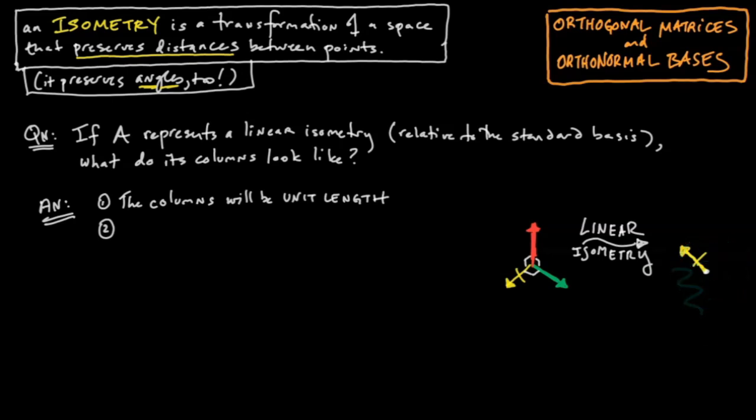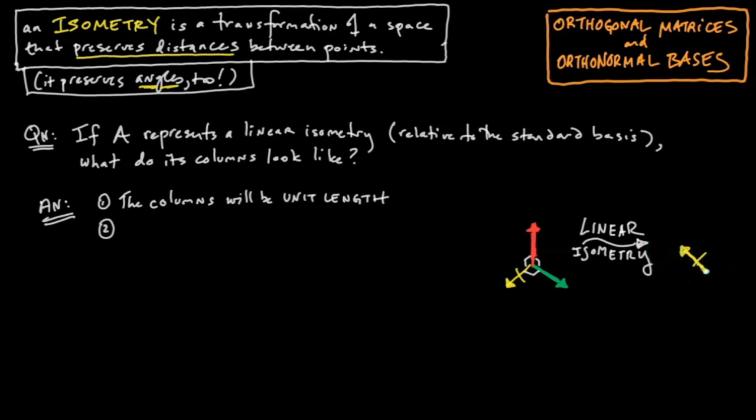But once we know where it goes, the image of j hat is much more constrained, because not only must it be unit length, but it must also be perpendicular to the image of i hat, because isometries preserve angles. I told you I would use that in a moment, and the moment has now come. So now we have to think about the set of all vectors that are unit length and perpendicular to this vector.